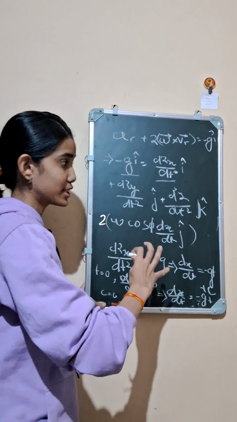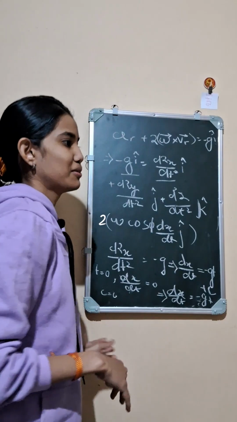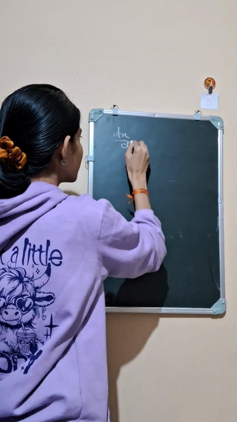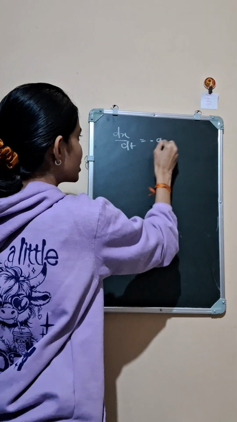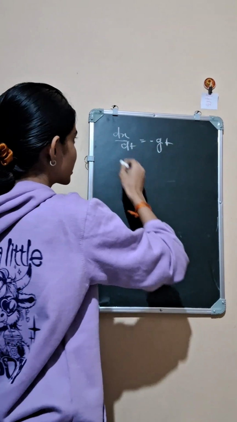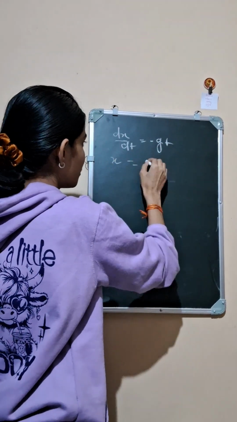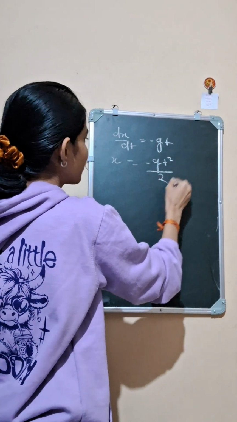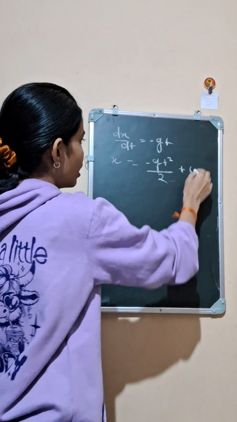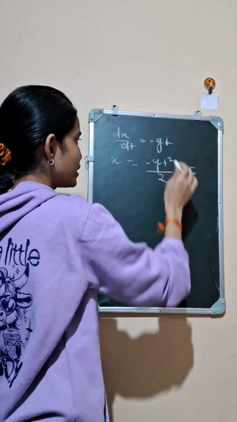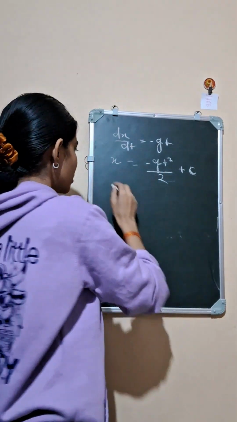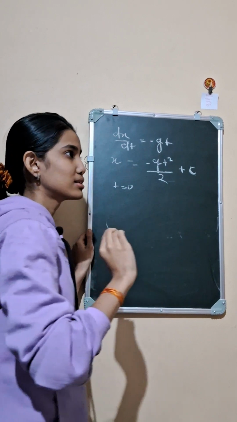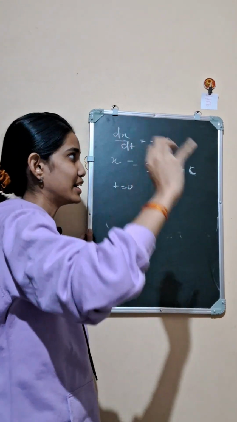Let me first erase all these things. We saw that dx by dt equals to minus gt. Let's integrate it once again. We will get x equals to minus gt square by 2 plus c. At time t equals to 0, velocity was 0, but the thing was at a height of h.